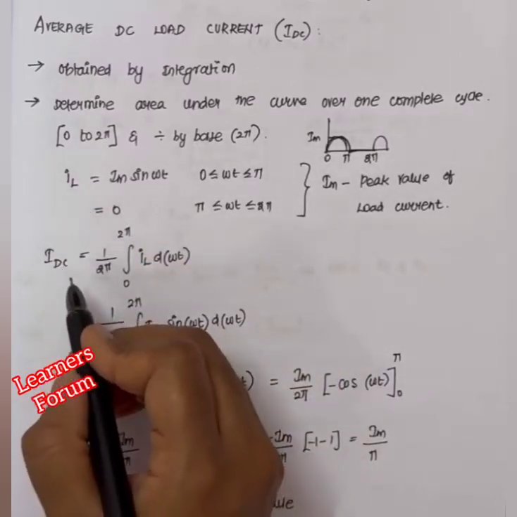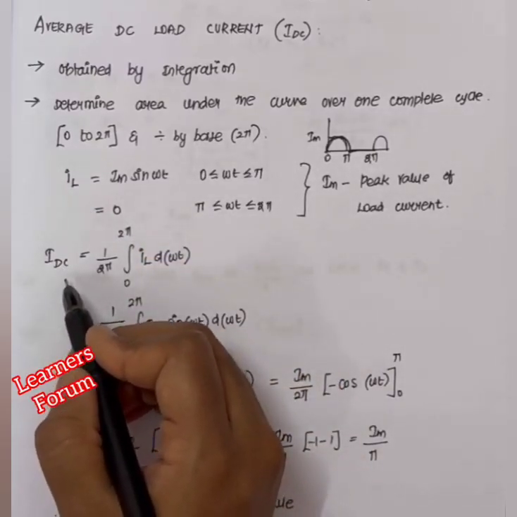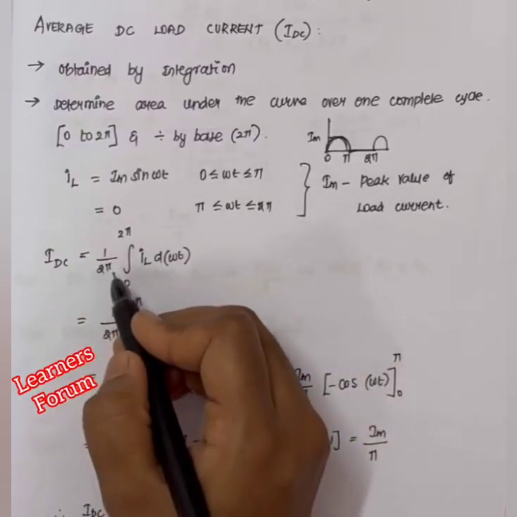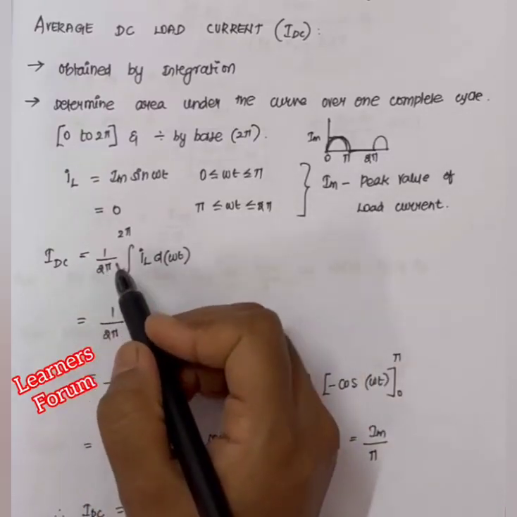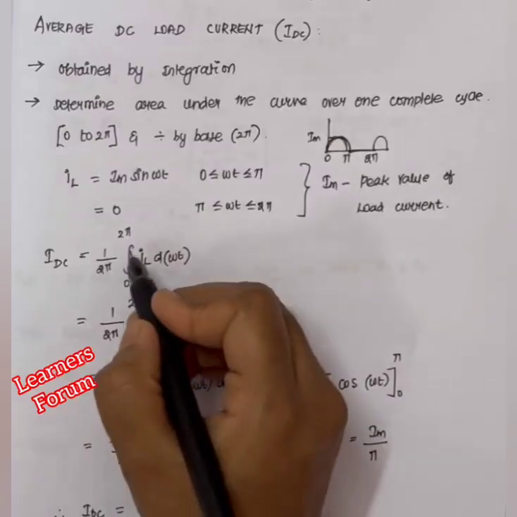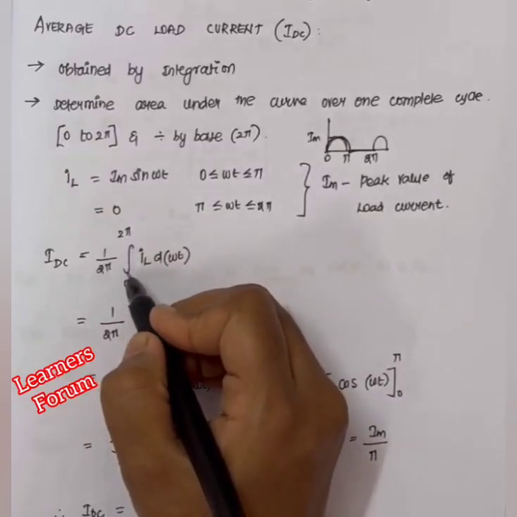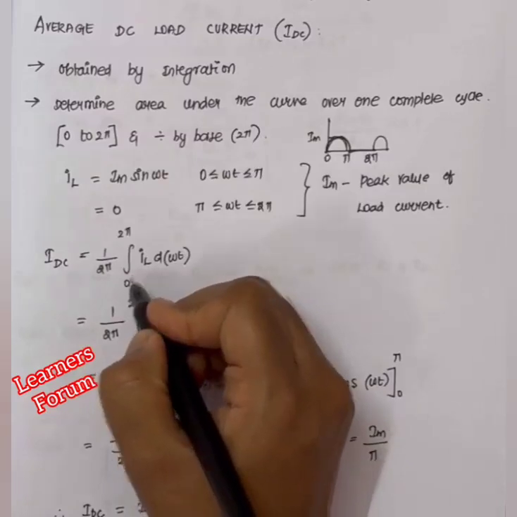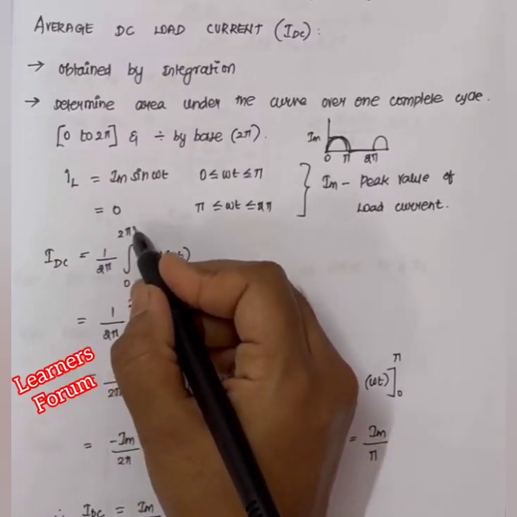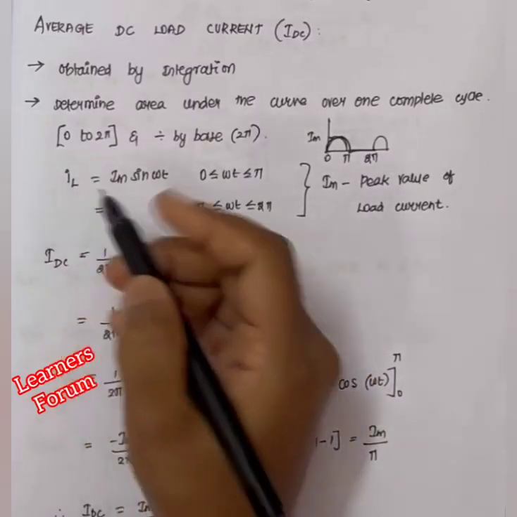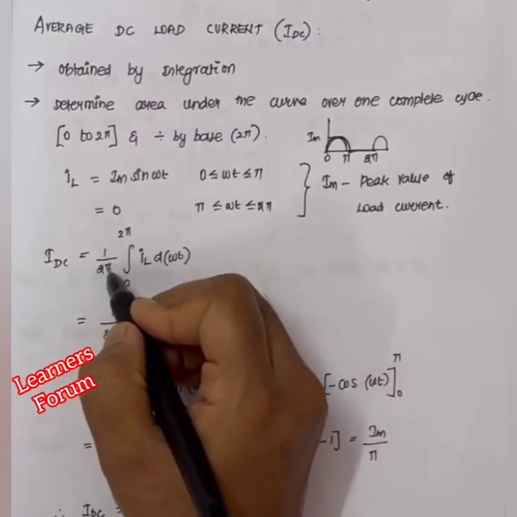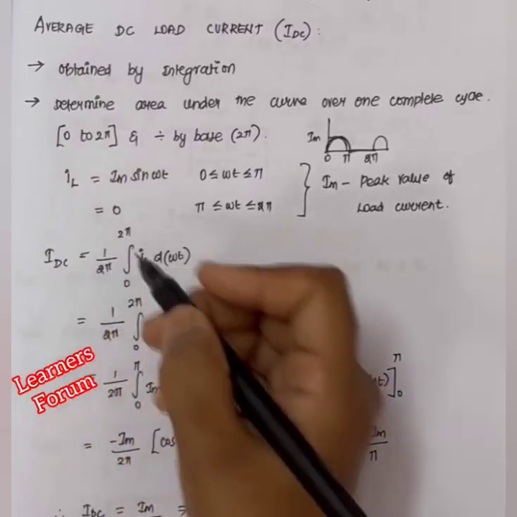Now to calculate the value of average DC load current IDC, we have to integrate with respect to the base, which is 2 pi. So this is done by integration. The range of integration is taken for the limit from 0 to 2 pi, and what we are going to integrate is the load current IL in terms of d omega t, and we divide it by the base value, so 1 by 2 pi.